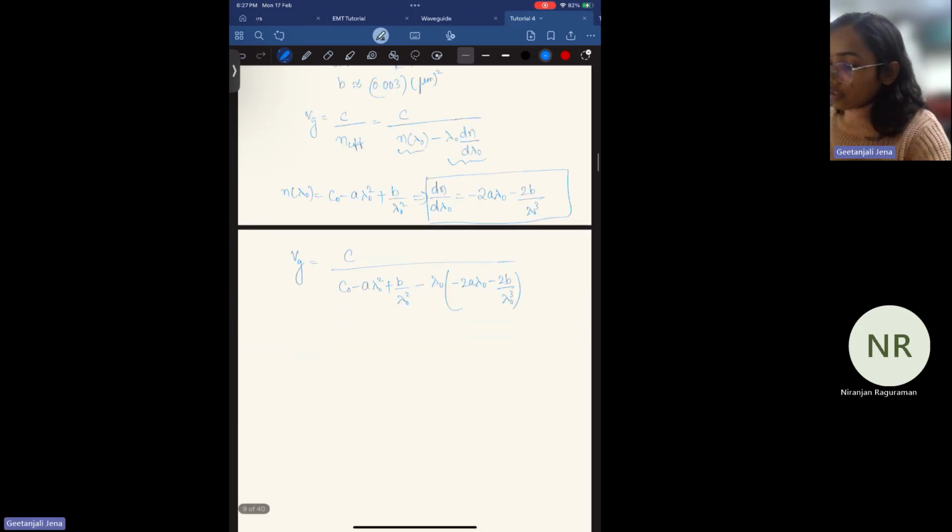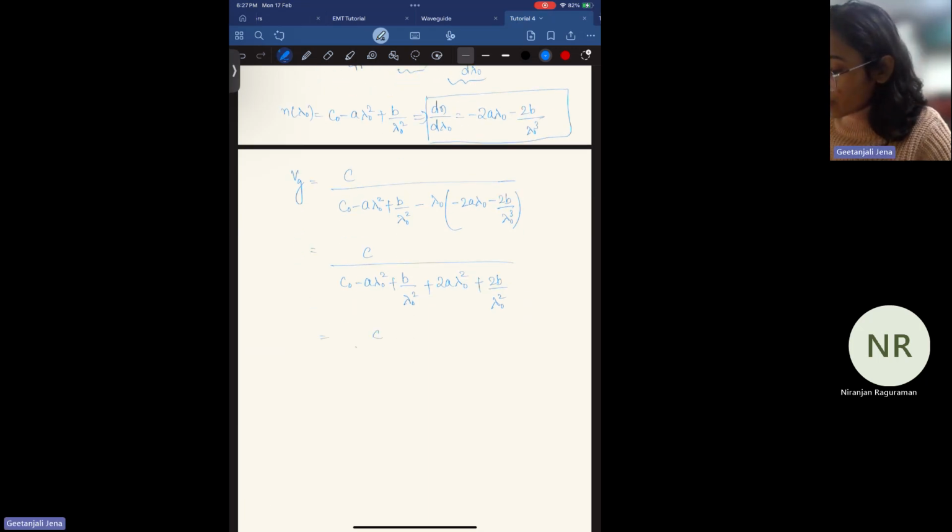First, it's better to calculate the final expression, then you can put in the values to calculate the group velocity. So this is A lambda 0 square, B by lambda 0 square. This will give plus 2A lambda 0 square plus 2B by lambda 0 square.